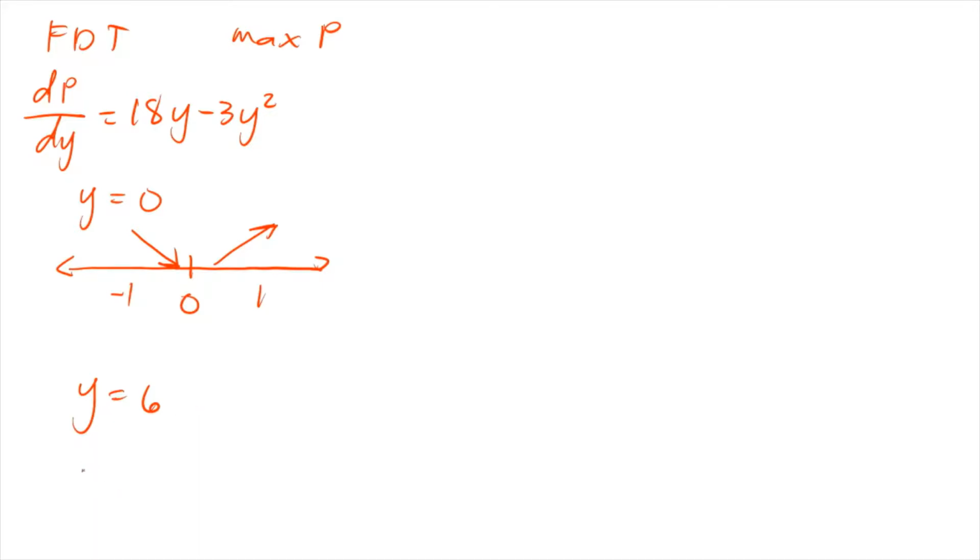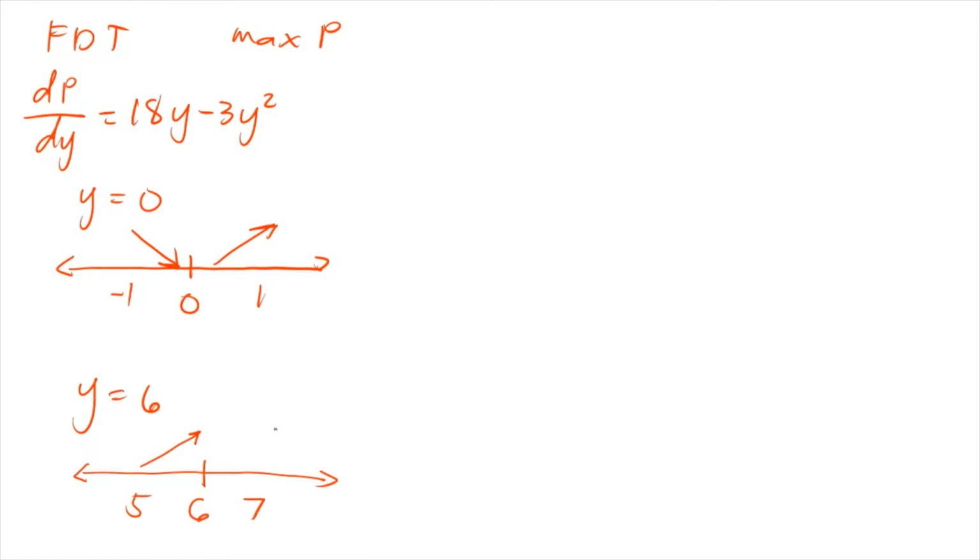Now let's check for y equals 6. Let's say this is y equals 6. On the left we can use 5. On the right we can use 7. Let's plug in 5 to the equation of the first derivative. We'll get a positive value, a positive slope, so the function is increasing.